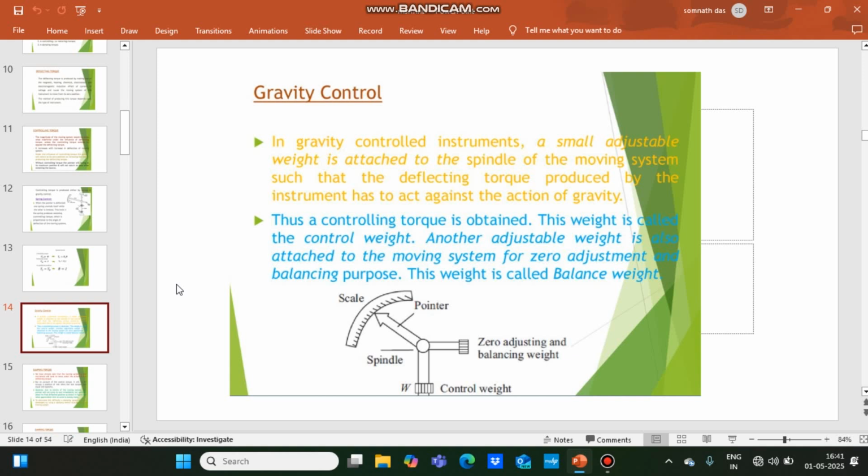When the pointer rotates or deflects, the position of the weights is also changed. One weight is known as the control weight and the second weight is known as the balance weight. So when the pointer changes its position, the control weight also changes its position. Due to gravity, the control weight will generate the controlling torque.